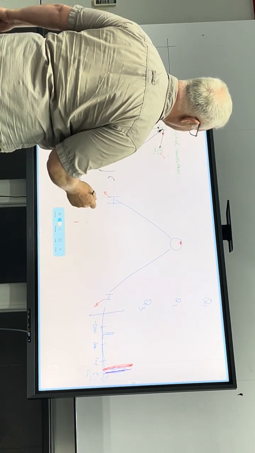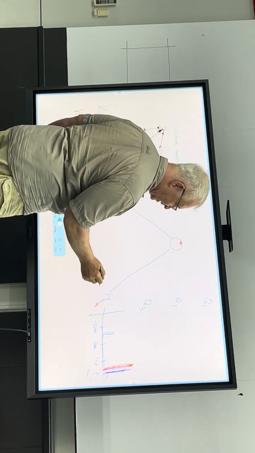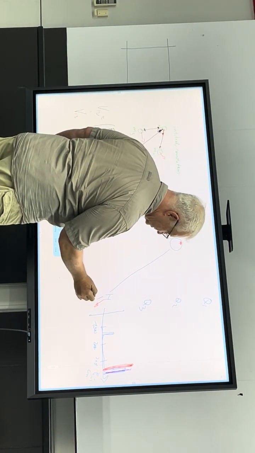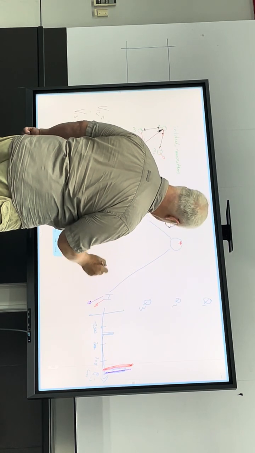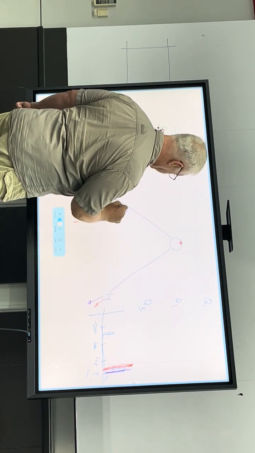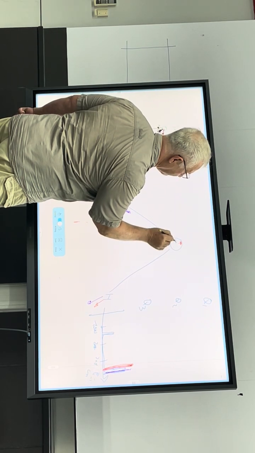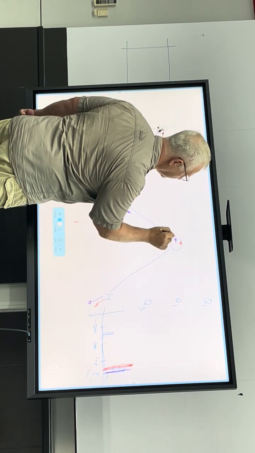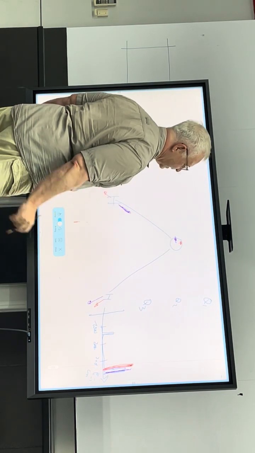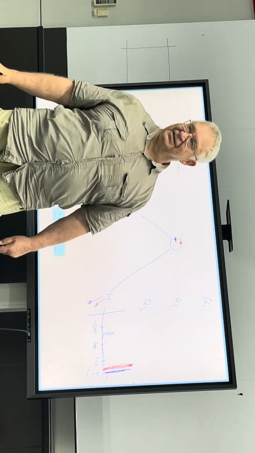So the anti-symmetric eigenvector, because what I plot here is the eigenvectors, is like this.